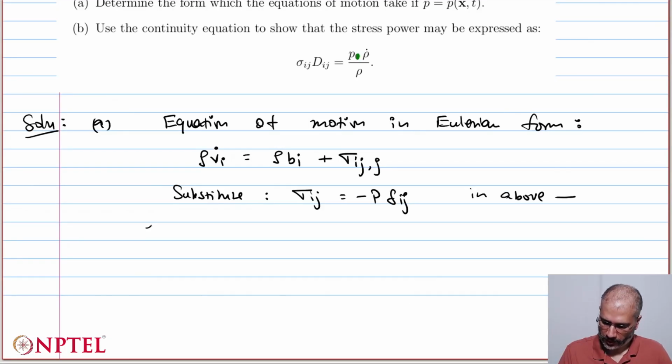So the equation of motion now becomes rho times vi dot is rho bi plus, now sigma ij comma j becomes minus p times delta ij comma j. Now delta ij is just a constant, so this basically becomes minus p comma j times delta ij, which becomes minus p comma i.